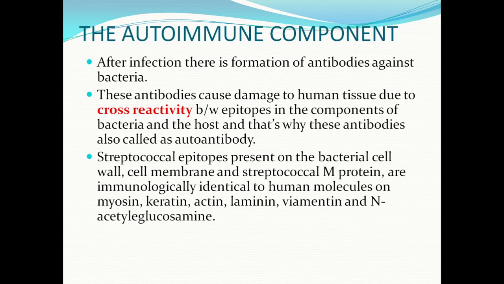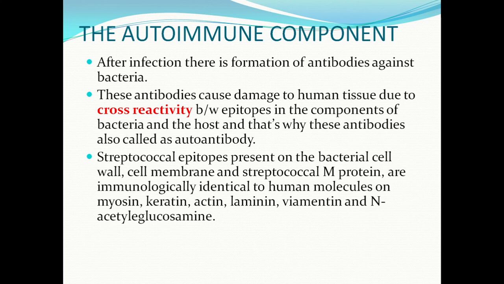Now the autoimmune component. After infection there is formation of antibodies. As we all know, our body will produce antibodies against this component. But what happens? These antibodies cause damage to the human tissue. Why? Because of cross reactivity between epitopes in the components of the bacteria and the host.